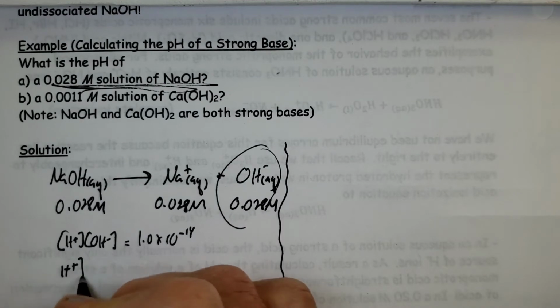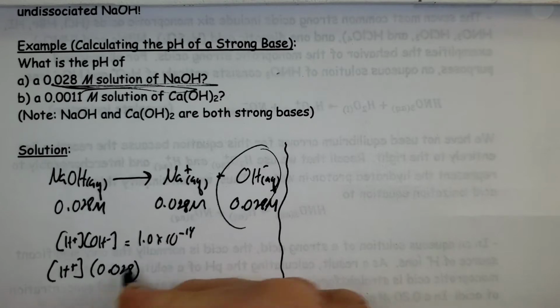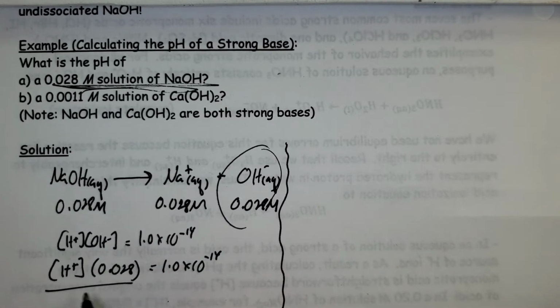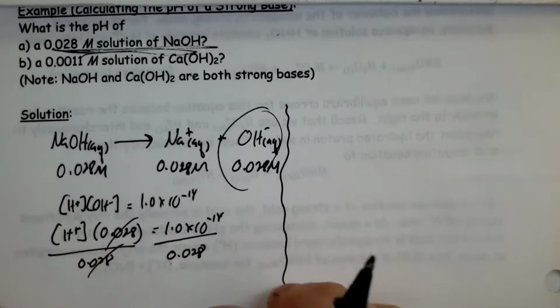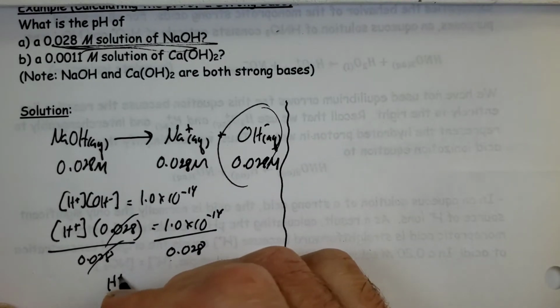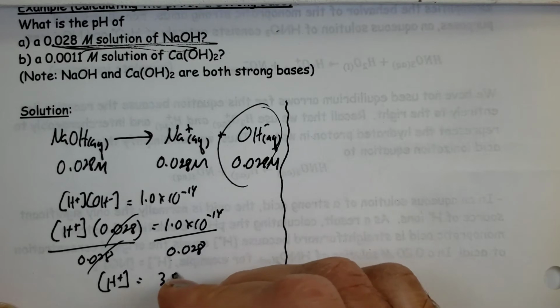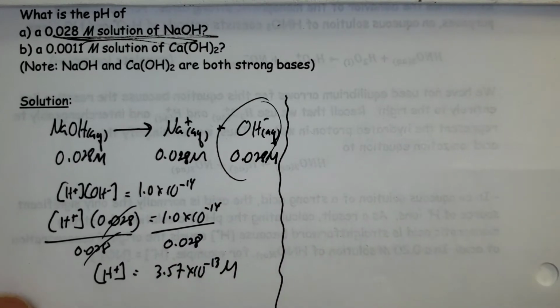So we have H+ multiplied by 0.028 equals 1.0 times 10 to the minus 14, so divide by 0.028. And what we get here is 3.57 times 10 to the minus 13 molar. So that's what the hydrogen ion concentration is.